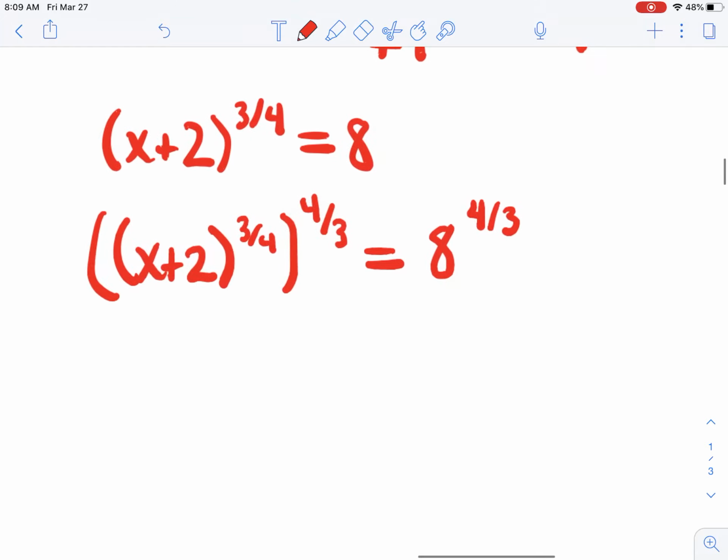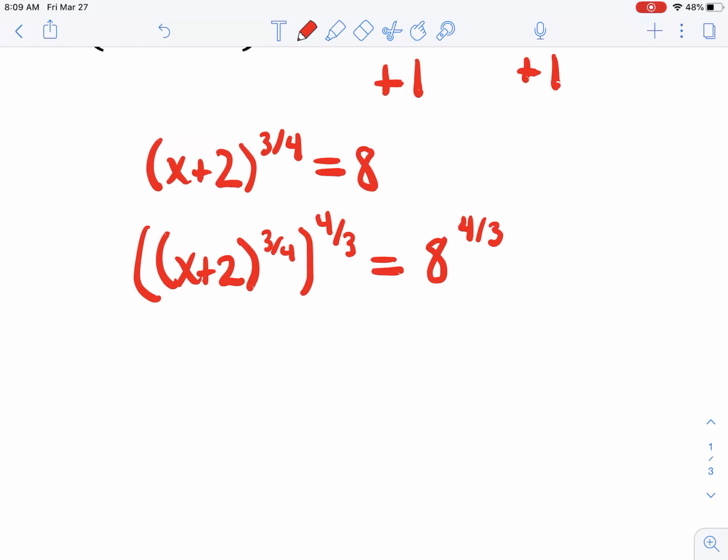They look really gross, but your calculator can do this, and remember, whatever happens to the left side, this is just going to cancel out. So you are just left with x plus 2 equals 8 to the 4/3. So that's the same as 8 to the 4th, so 8 times 8 times 8 times 8, and then the third root of that, which would be 16.